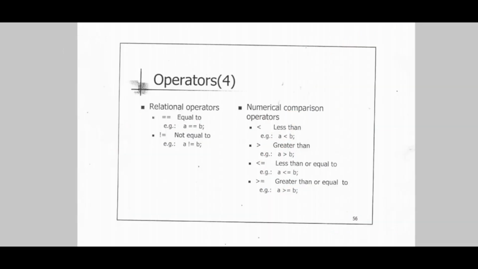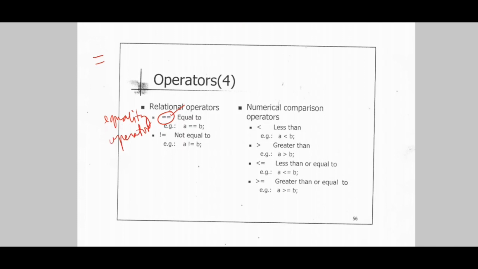For the relational operators, we have the same as in the C programming language. So in Java, same as in C, this is the equality operator. So when you test two values or variables or two expressions, if they are equal, then you use this operator, the equality operator.